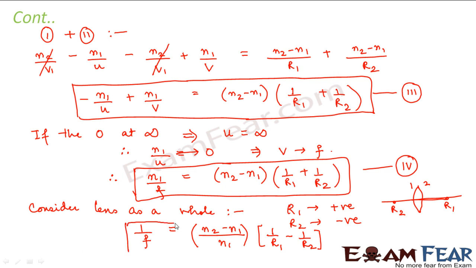So this is known as the lens maker formula, which relates the focal length of the lens with the refractive indices of the two media and the radii of curvature of the two surfaces forming the lens. 1 by f is equal to n2 minus n1 divided by n1 into 1 by R1 minus 1 by R2.